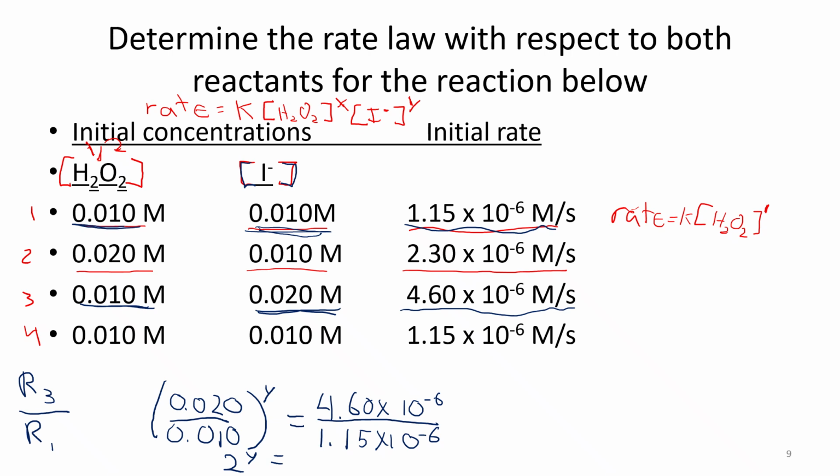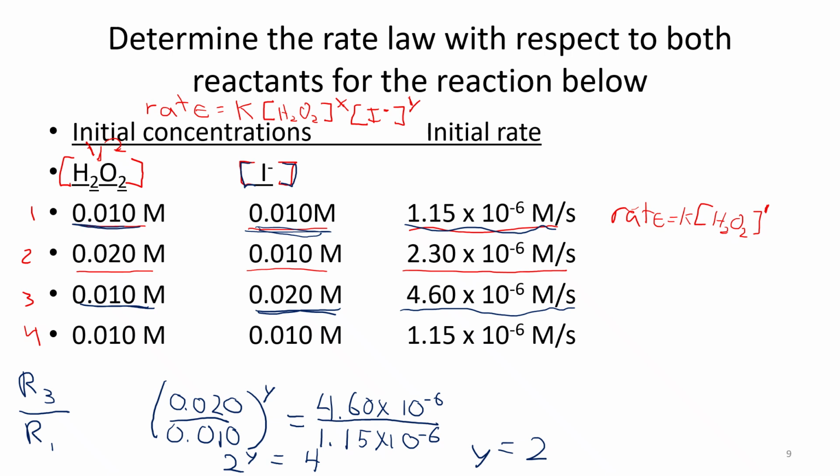And if I divide 4.6 times 10 to the negative 6 by 1.15 times 10 to the negative 6, then I will get 4 out of that. So 2 to the y power equals 4. My y, in this case, equals 2, because 2 squared gives me 4.